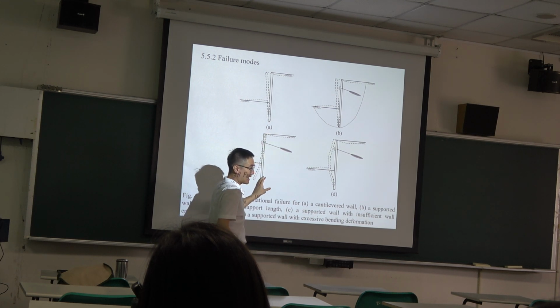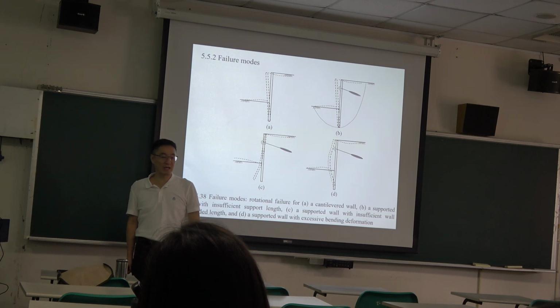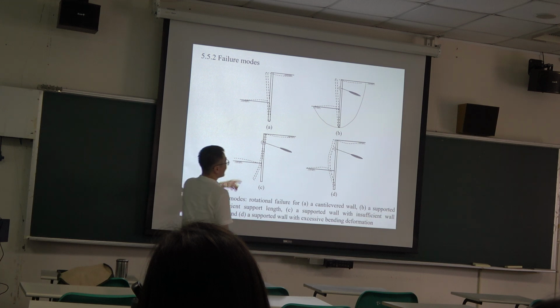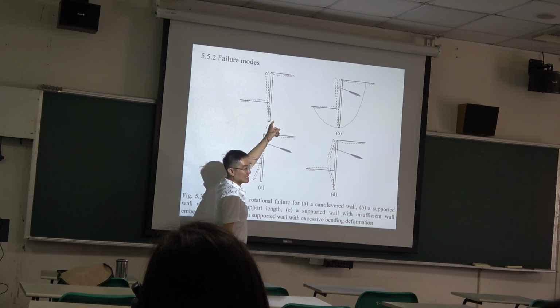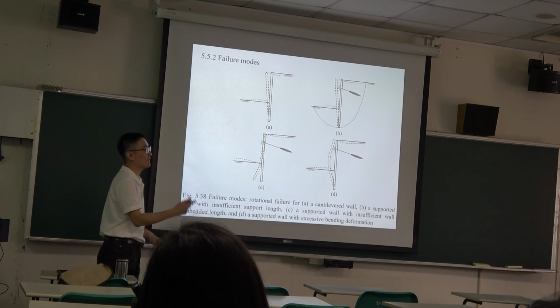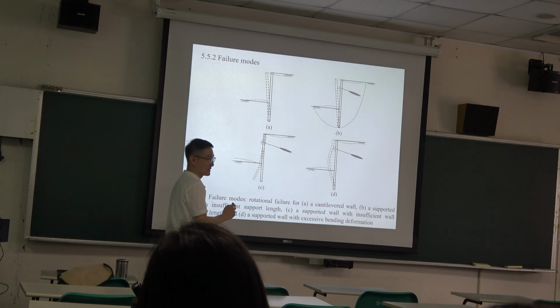The bottom part actually does not influence the deformation too much. That means stability will not increase with penetrating depth too much. So we have an efficient penetrating depth for this kind of slope.